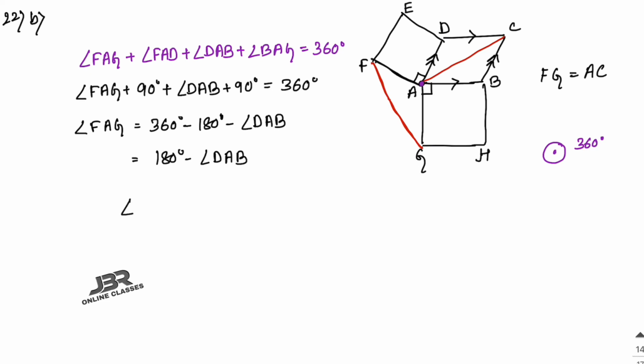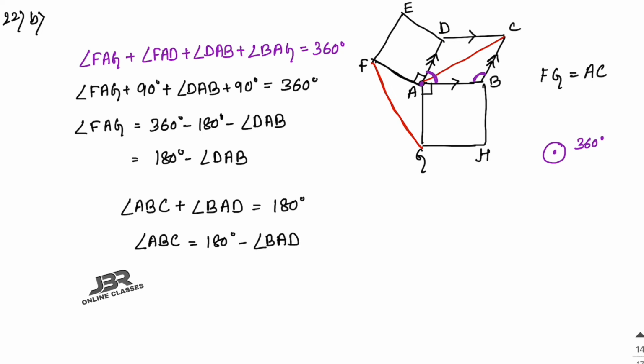Now next, angle ABC plus angle BAD equals 180, because you know that in a parallelogram the sum of two adjacent angles equals 180 degrees. So angle ABC plus BAD equals 180. So you can write angle ABC equals 180 minus angle BAD.